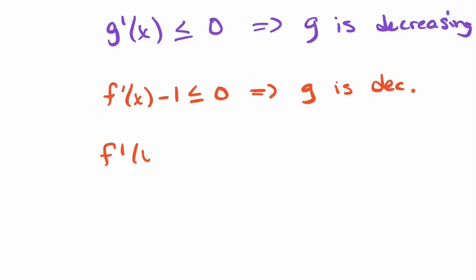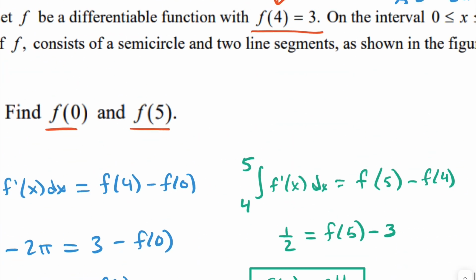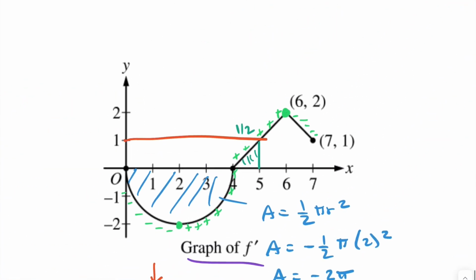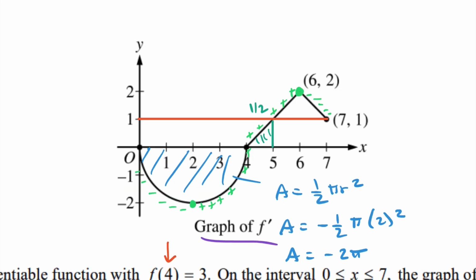So f prime being less than 1 implies g is decreasing. That's interesting. When the derivative has a result of 1 or less, that is when g is decreasing. So we can see that where f prime is below 1 is where g of x will be decreasing. So that happens from 0 to 5.